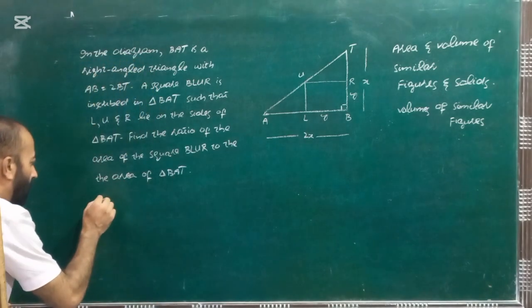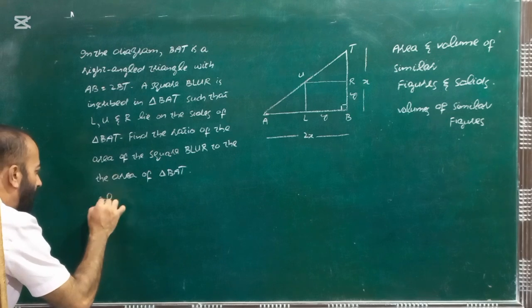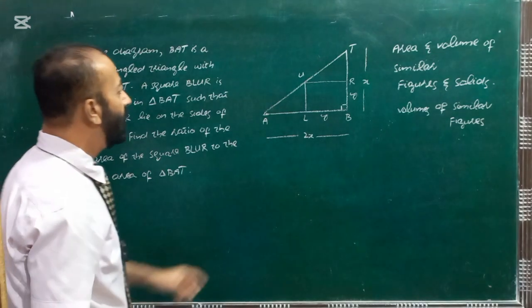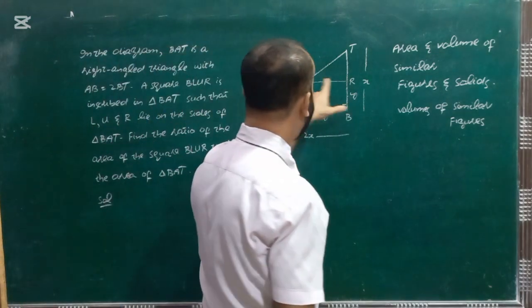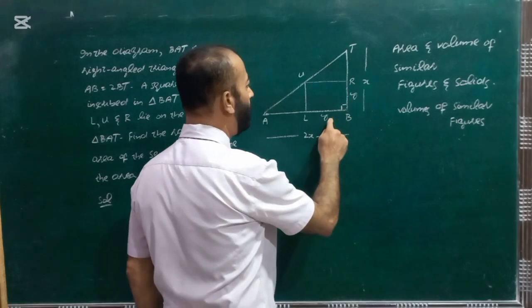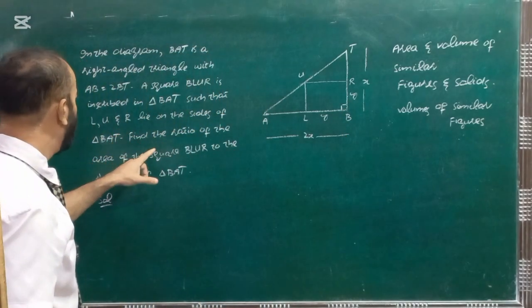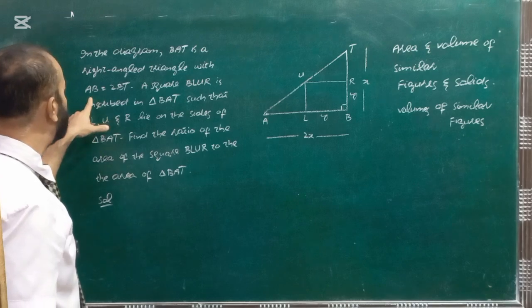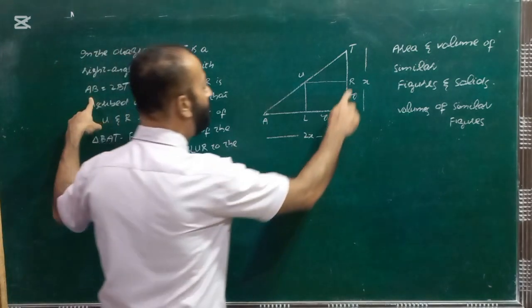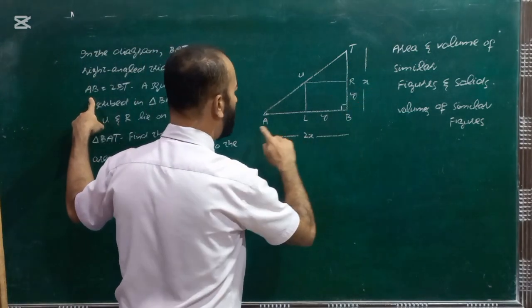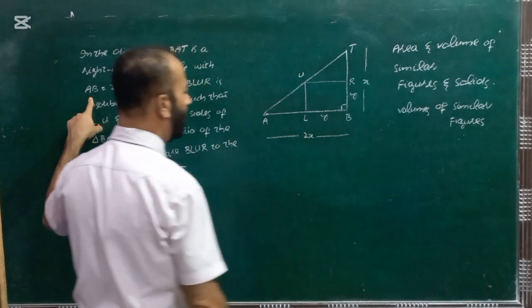Okay, so solution is here. So look now, because this is a square, we have let its side y, and it is also given that AB is equal to 2 times of BT. So if BT is x, it will be 2x.